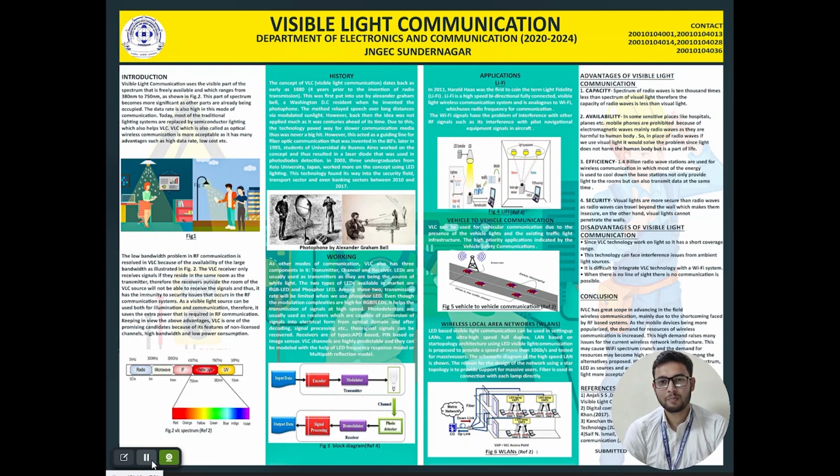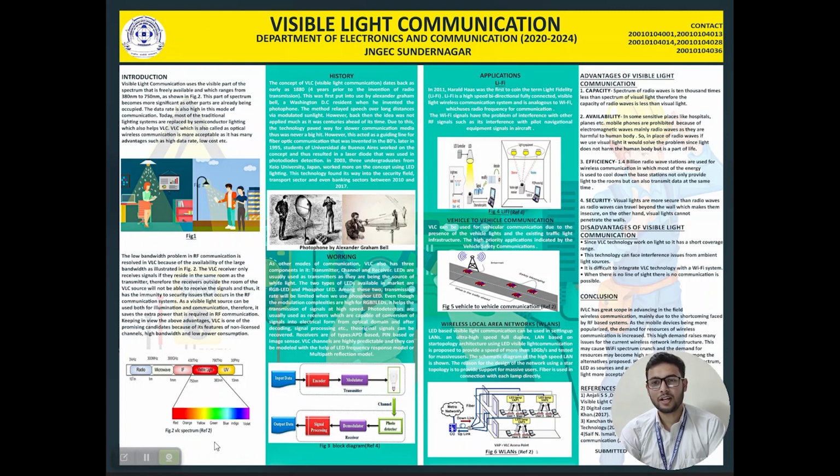The low bandwidth problem of RF communication is resolved in VLC because of the high bandwidth offered by visible light communication. The VLC receiver only receives the signal if it resides in the same room because a VLC system cannot penetrate the wall, hence making it secure as compared to RF communication.